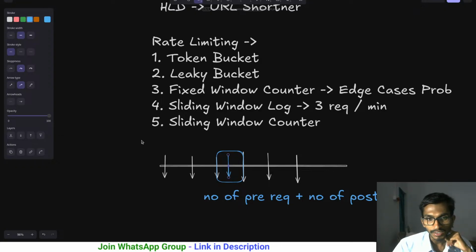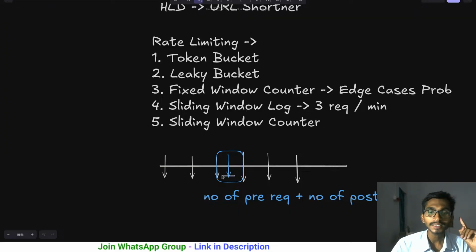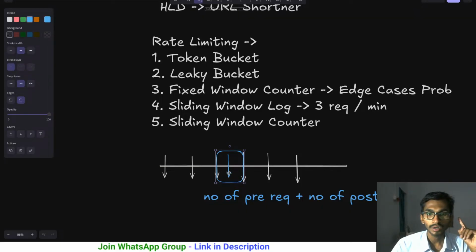So these are the intervals first of all, and then you got a request. If we are in the same interval, that's simple, it is the only one interval.